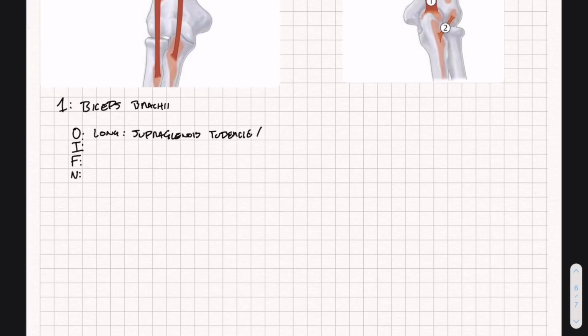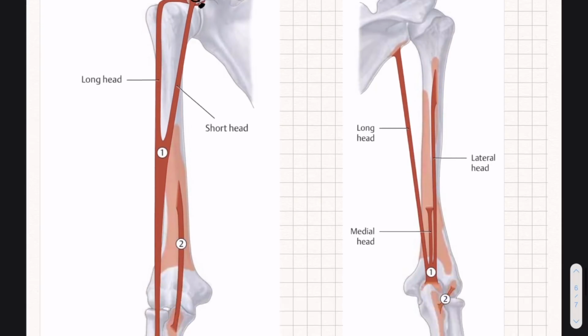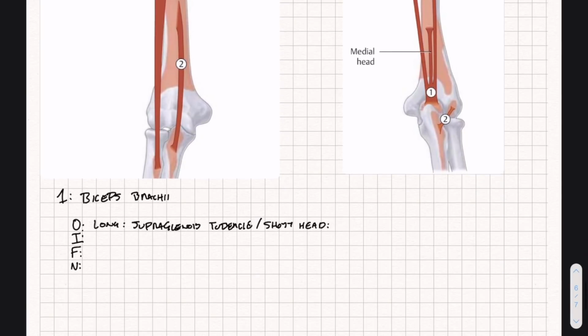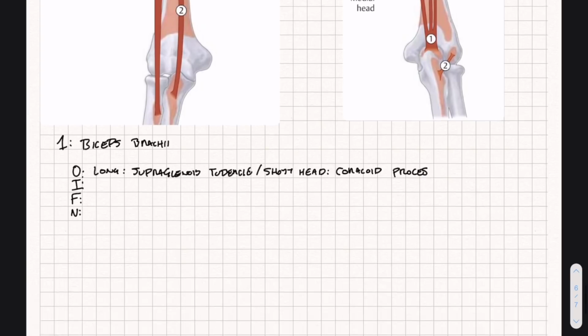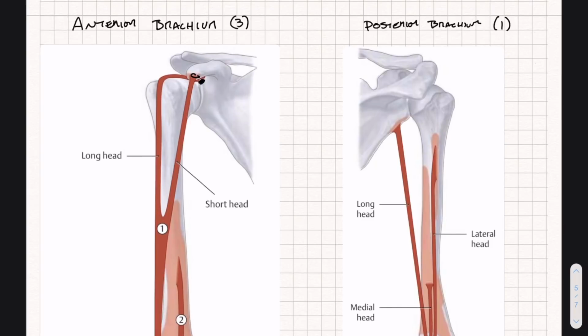And then you have the short head. You can see the short head is coming from that coracoid process. Okay, so long head, supraglenoid tubercle, short head, coracoid process.